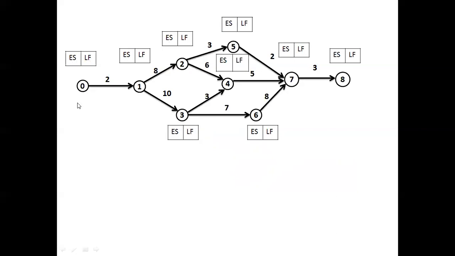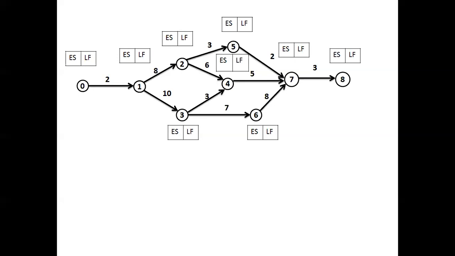Okay, so let us see what exactly are the earliest start and latest finish times. Earliest start means the earliest possible time at which a particular event can be started. What is the earliest possible time at which an activity can be started? So that is called the earliest start time.